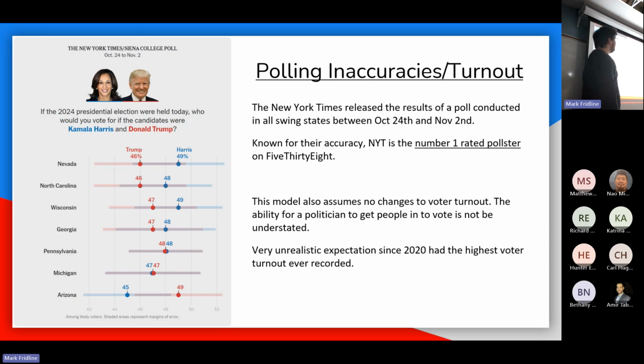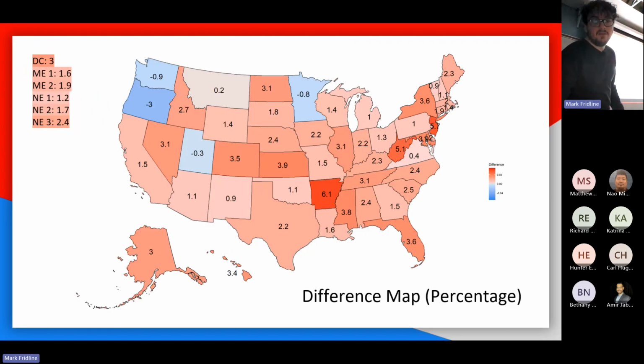However, it's easy to nitpick the New York Times as being the culprit of the model, but if we look at the difference map, actually the New York Times was pretty spot on, only off by about 1.4%. So I guess we had polling inaccuracies across the board. The average difference was 2.06% in this model.